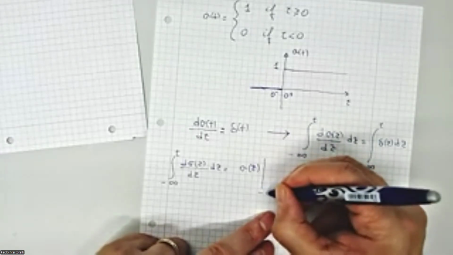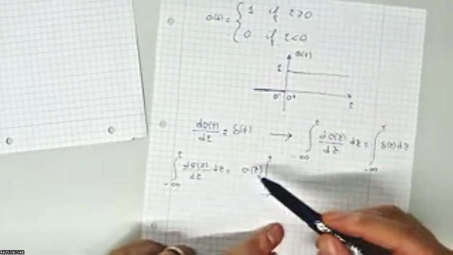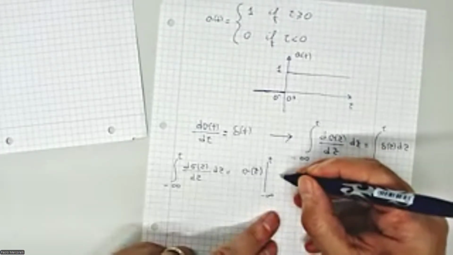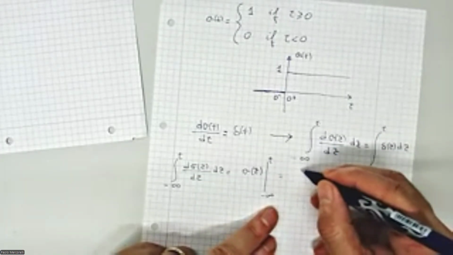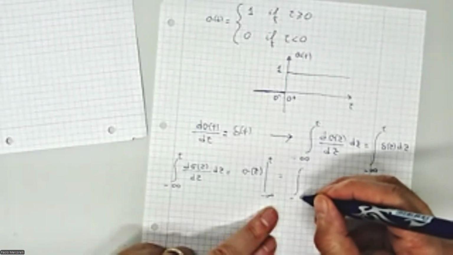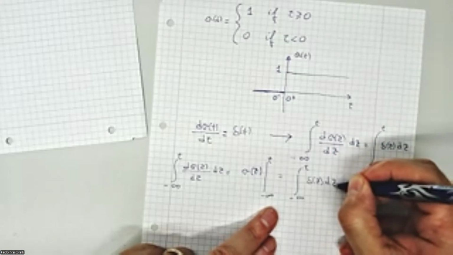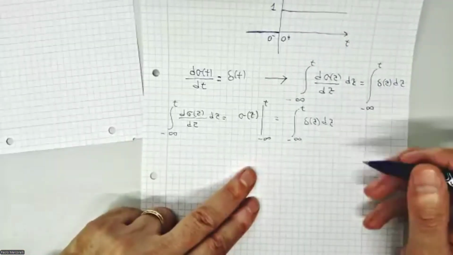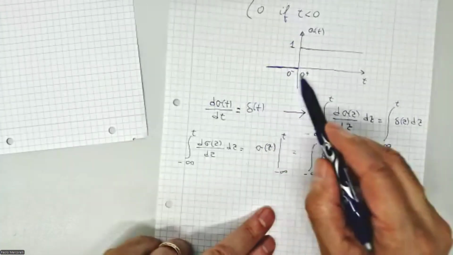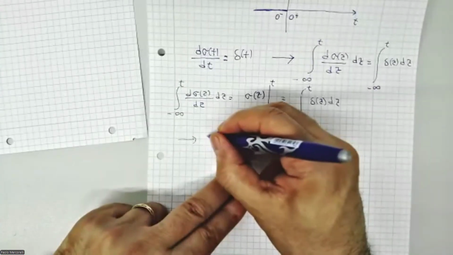The integral of the derivative is the primitive, which is inside, calculated at t. I don't need to explain this. As I told you, at time infinity, 0. This means, let me write, so we will see the utility of this a little bit later.